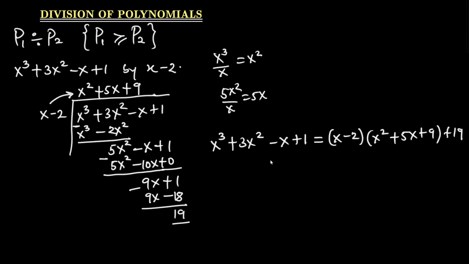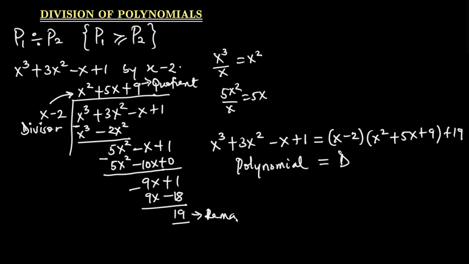So in general, your polynomial can be written as the divisor. This right here is the divisor, and here is what we refer to as the quotient, and here, which is the last guy, is the remainder. So which means that your polynomial is your divisor multiplied by the quotient plus the remainder.